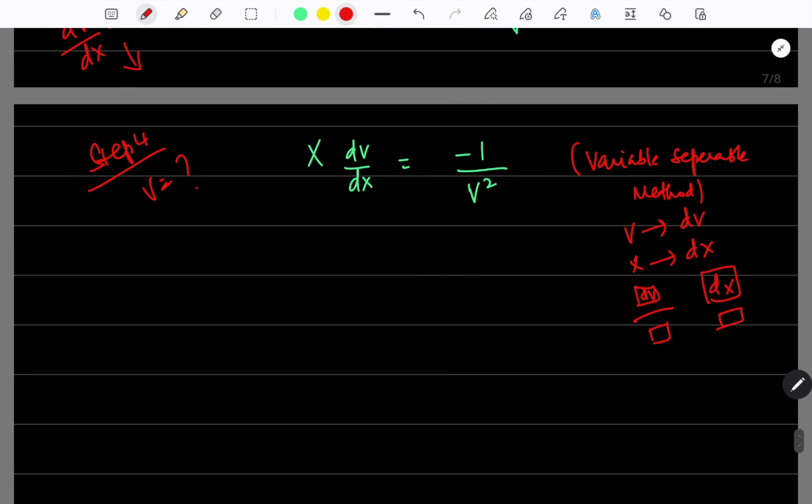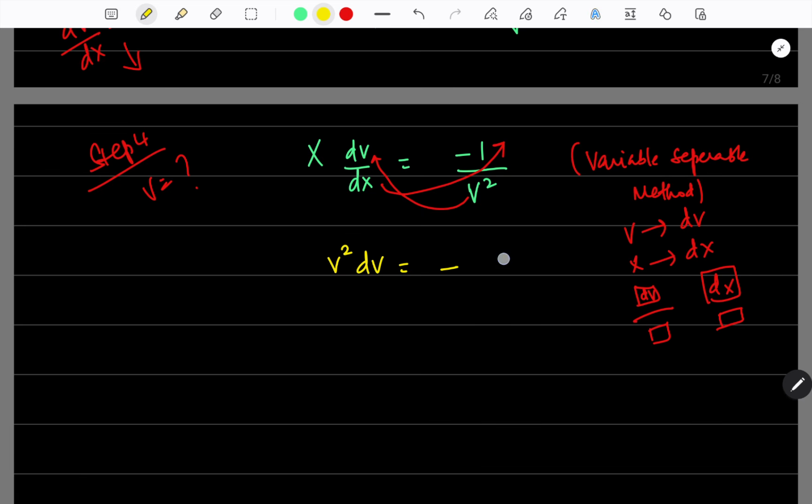So what happens now? I'm going to take this v squared to the other side and this dx to the top. So dv divided by v squared, sorry, v squared is going to the top. This is divide, so it is going as multiply: v squared dv.